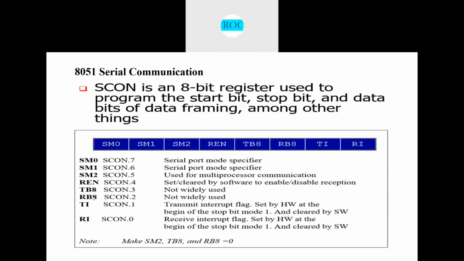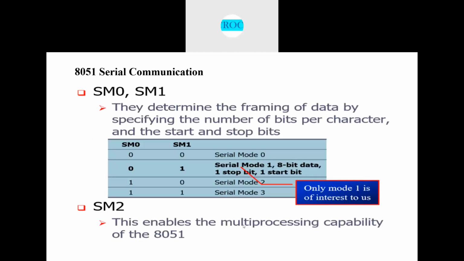We will not be using TB8 and RB8 since we are using mode 1 and not discussing mode 2 and mode 3, as I said in the last class. TI stands for the transmit interrupt flag and RI stands for the receive interrupt flag.